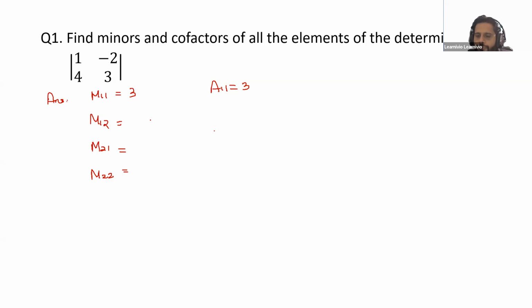Shravya, why is A21 6? Typing mistake, I'll send the answer.